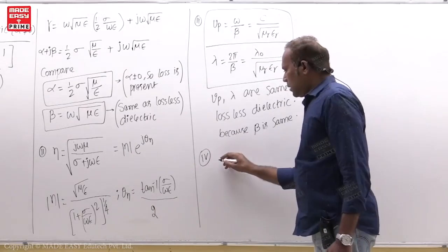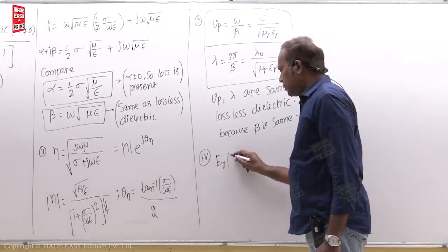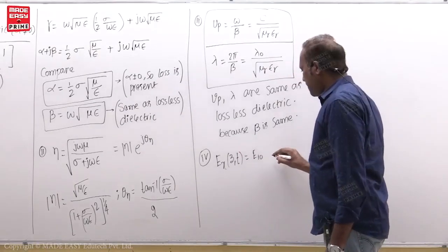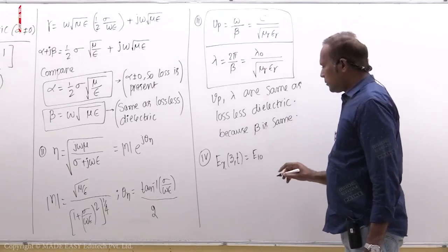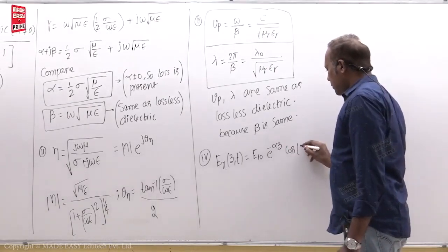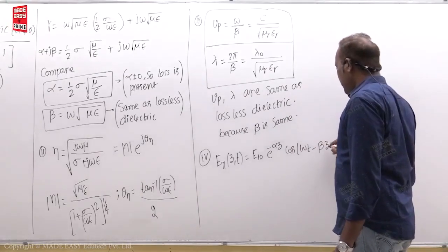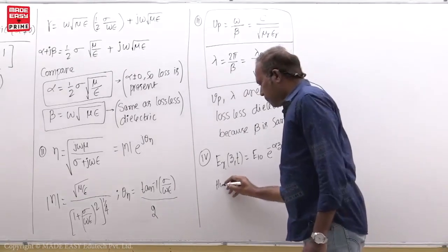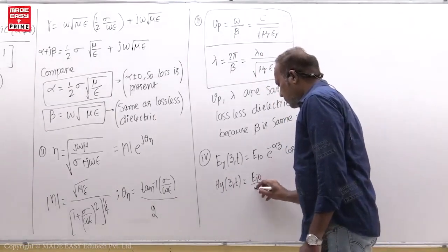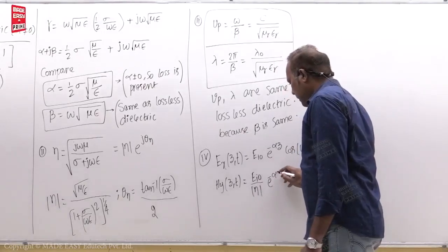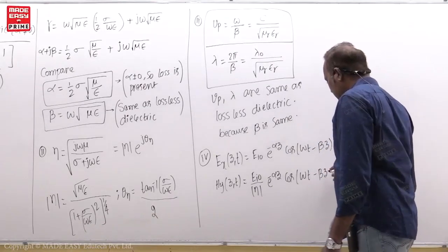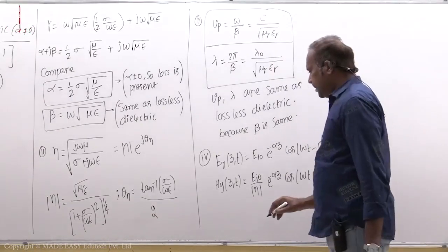Now, electric field x component for wave traveling in z direction is equal to EA0 into e power minus alpha z cos of omega t minus beta z, and magnetic field y component is equal to EA0 divided by modulus of eta, e power minus alpha z cos of omega t minus beta z minus theta eta.